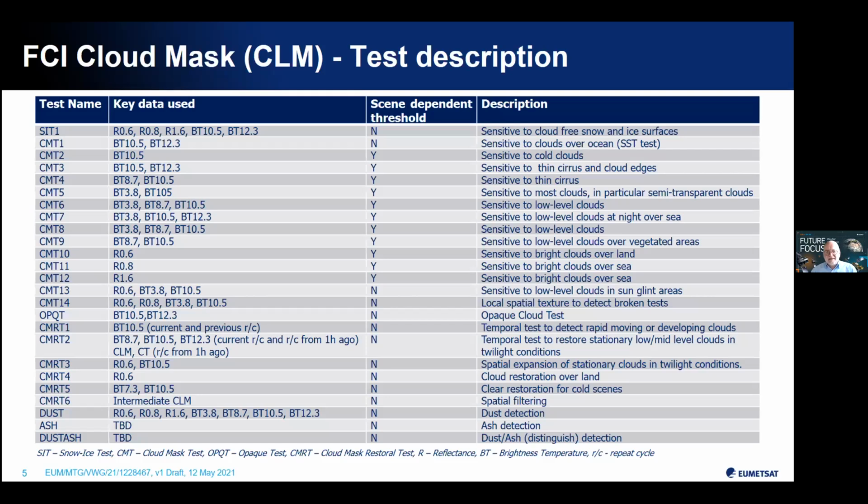Dynamic threshold means for the infrared channels that we use ECMWF input, run it through RTTOV, and correct the data for pixel surface emissivities.